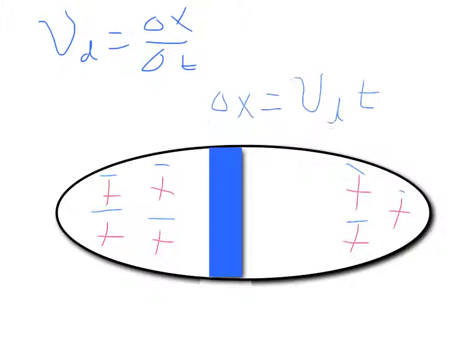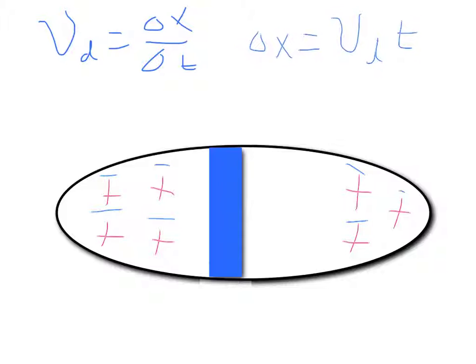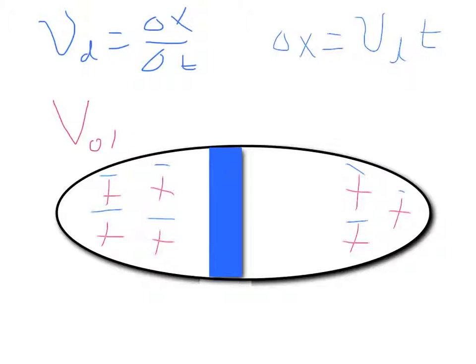So we're going to define yet another term, which you're probably very used to, and that is volume. The volume is going to be equal to the area of the wire times delta X. The volume of the sea of electrons that moves is equal to the area of the wire times how far that sea of electrons moves.